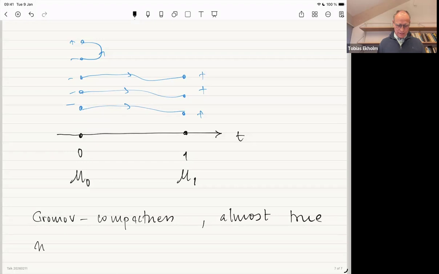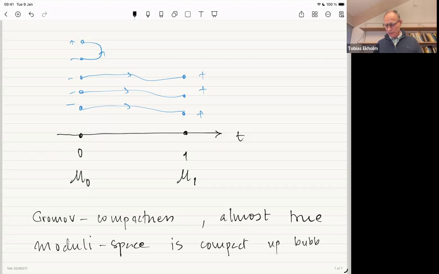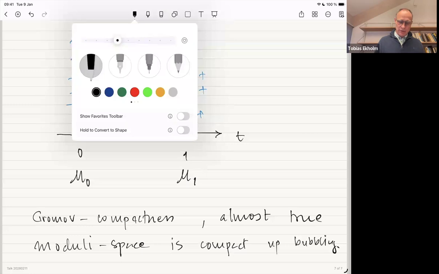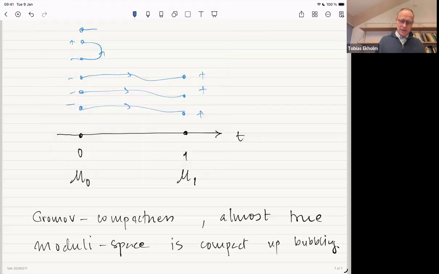What it says is that this moduli space is a compact manifold up to bubbling. So there is one thing that we have to care about. In principle, maybe this is not quite the case, but we have to worry about something like this, where some moduli space comes in here and then just ends in the middle.